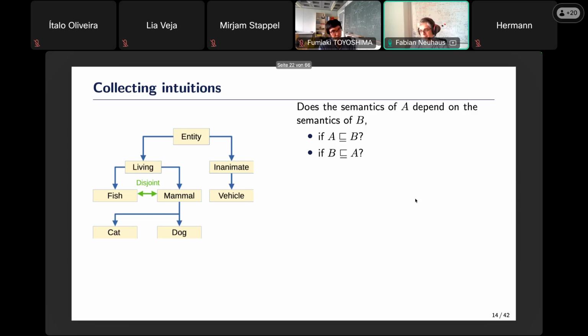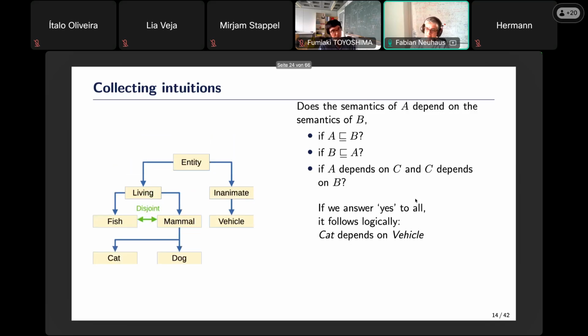But does the opposite hold as well? Does the semantics of mammal depend on cat? What about transitivity? If A depends on C and C depends on B, does A depend on B? It's not clear, I think. And if you agree to all of them, you get consequences which you might not like. For example, in this particular case, cat would depend on vehicle.